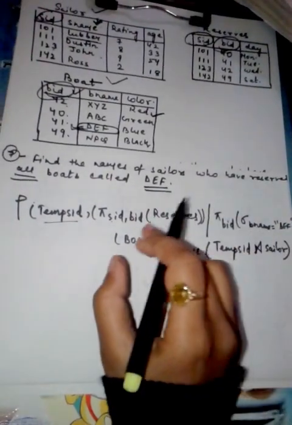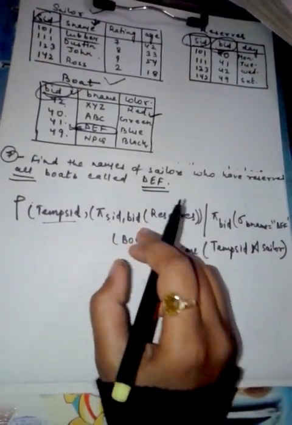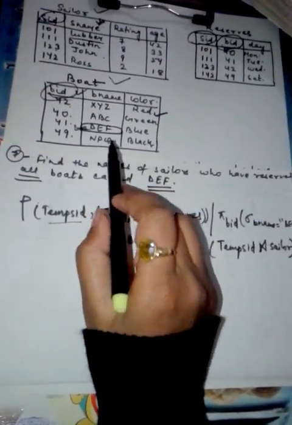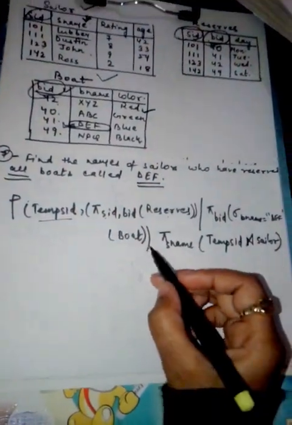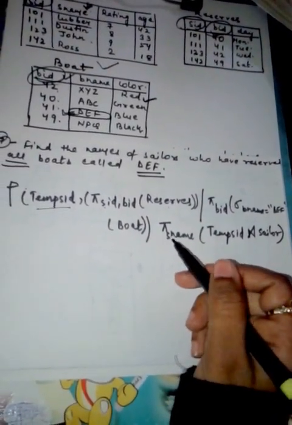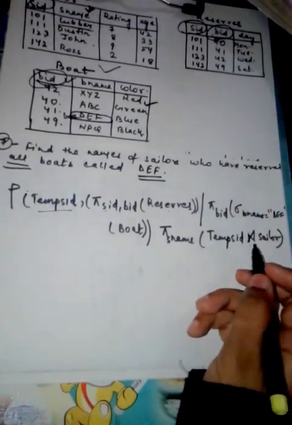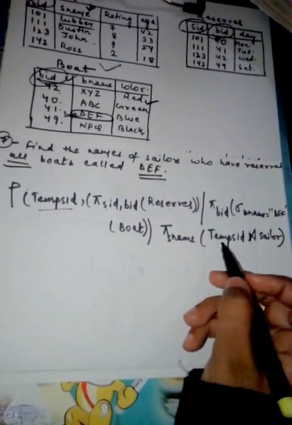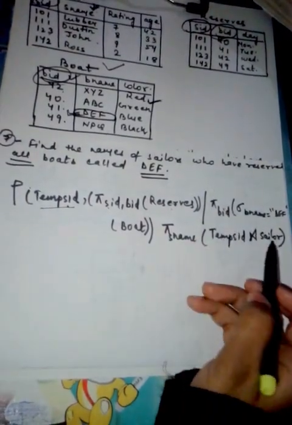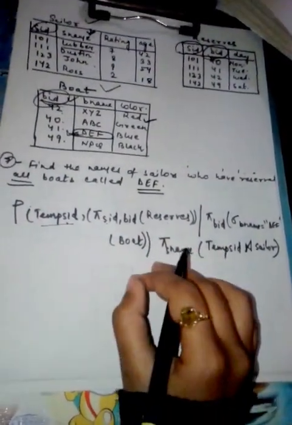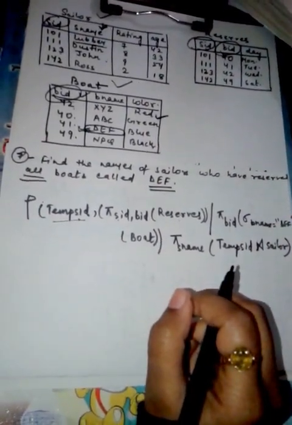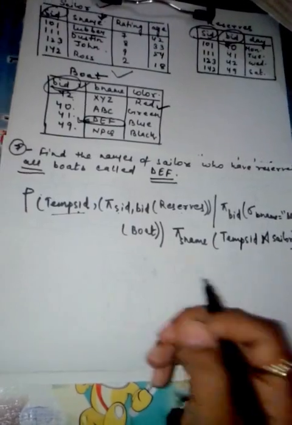So this will show the names of sellers who have reserved the boat whose name is DEF. Then finally it will represent the name of the seller by using the natural join operation, linking temp seller ID and the seller table. So this is the required answer for the above query.